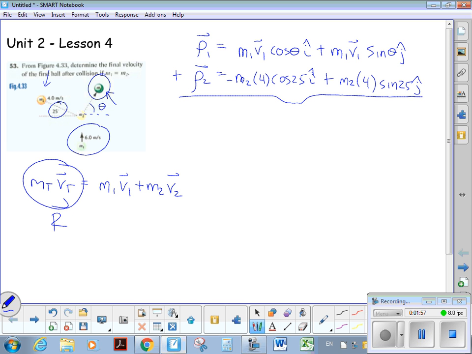That's all equal to our final momentum, or momentum total, that comes from that initial ball. It's heading upwards, so it had no i component, plus m1, its mass, times 6, and the angle would be 90 degrees, so it'd be just 1. So there we go.